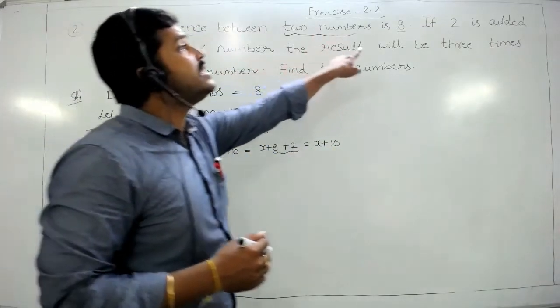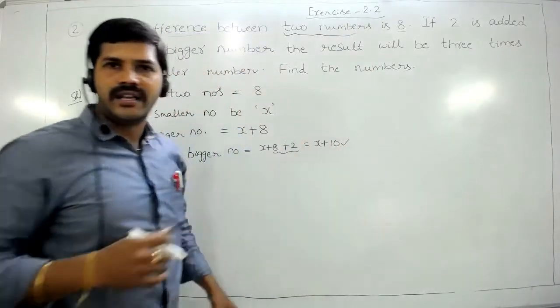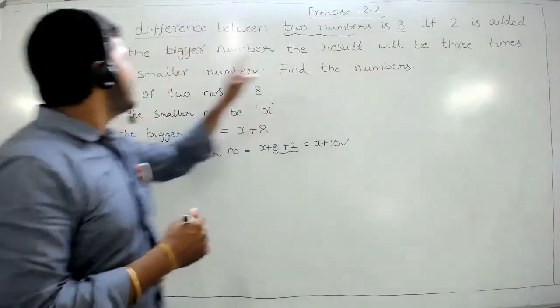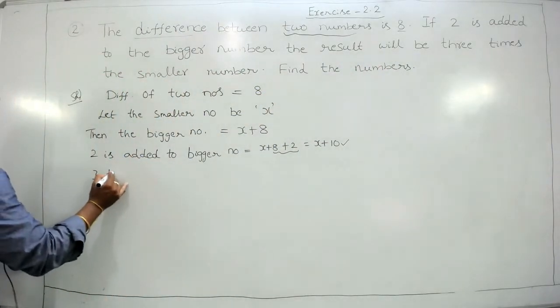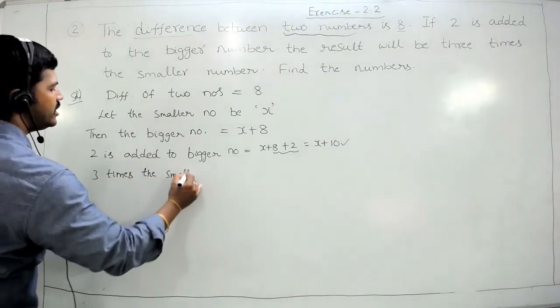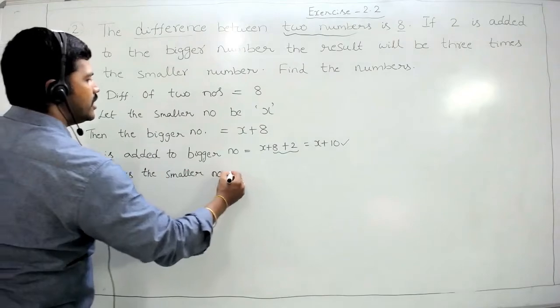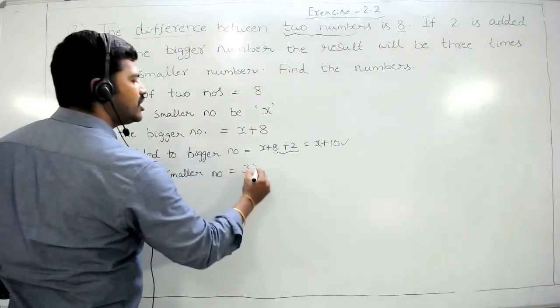Now the result is equal to 3 times the smaller number. What is 3 times the smaller number? The smaller number is x, so 3x.